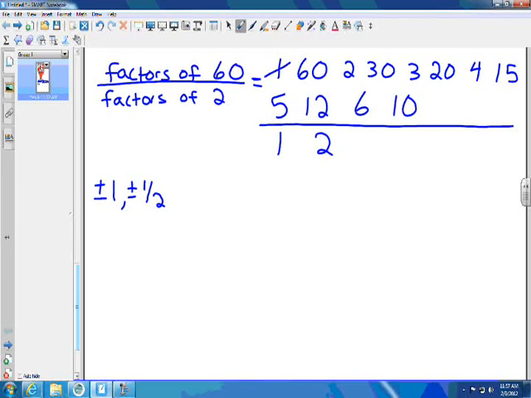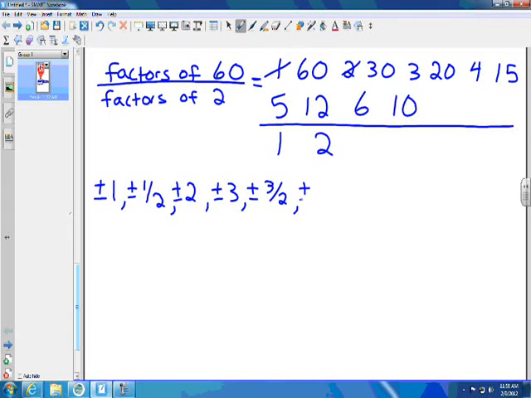I would not go to 60 next. I would go to 2. So we do plus or minus 2 and 1, which we've already got, so we don't write it again. The next one, 3, plus or minus 3 and plus or minus 3/2.